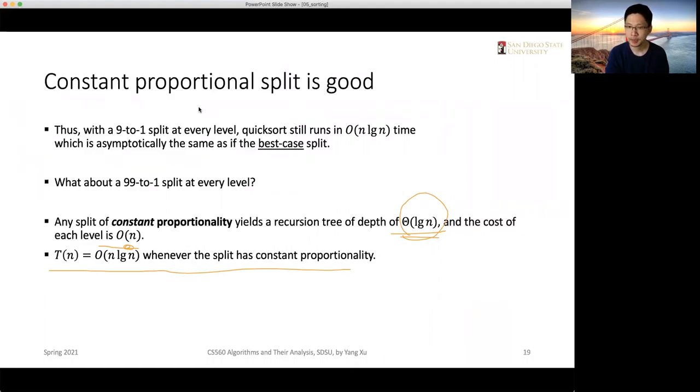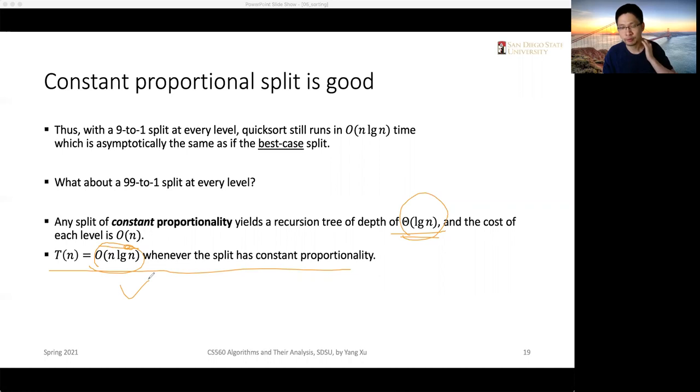All right. Despite all this analysis, that doesn't mean that we are happy with the unbalanced split. The unbalanced split comes with a cost, because when the tree is not balanced, some branches are longer. So our estimation may be correct in terms of the asymptotic property, but the constant factors will be different.